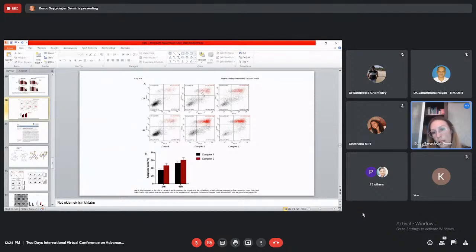As we can see, this area shows us apoptotic cells, in the right diagrams. At 24 hours and 48 hours, we can see the increase in apoptotic cells.